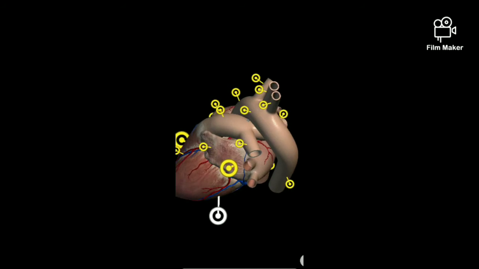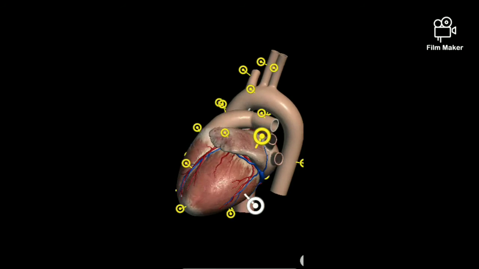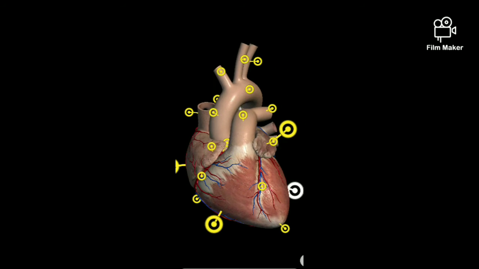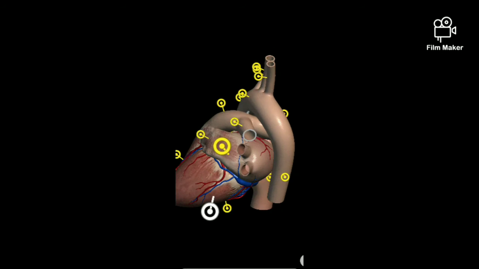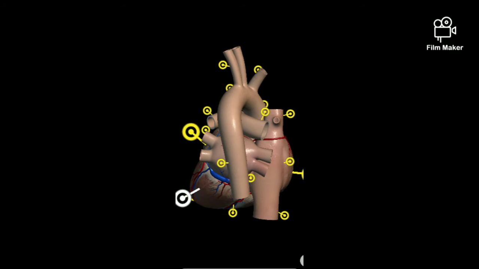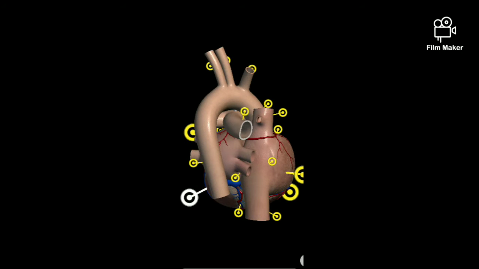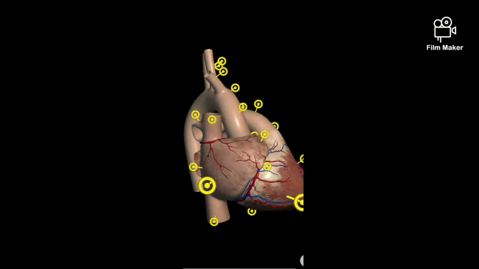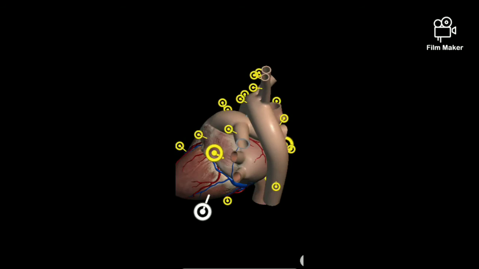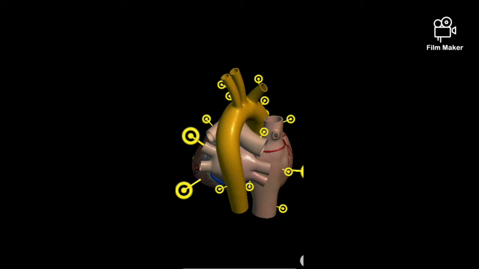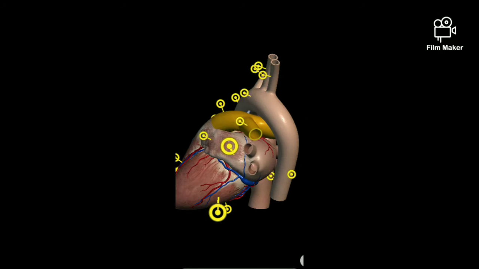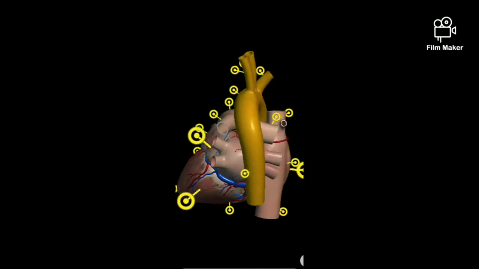The returning whole blood enters the atrium and is pumped into the ventricles. From the left ventricle the blood passes into the aorta and enters the systemic circulation. From the right, it enters the pulmonary circulation via the pulmonary artery, okay. So there is a special connection with the pulmonary artery, okay, and the pulmonary vein.